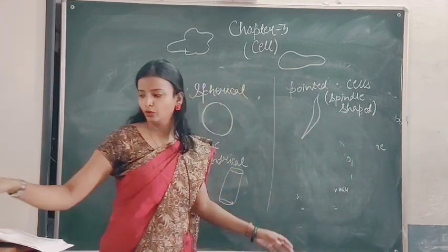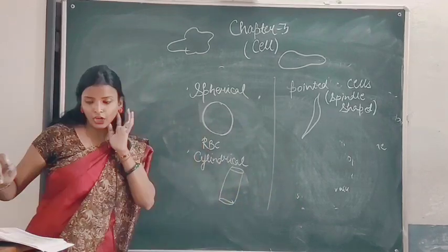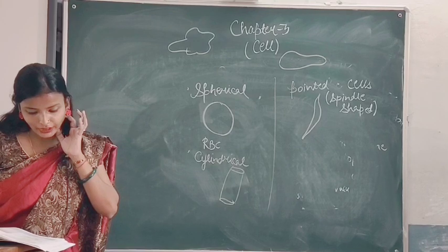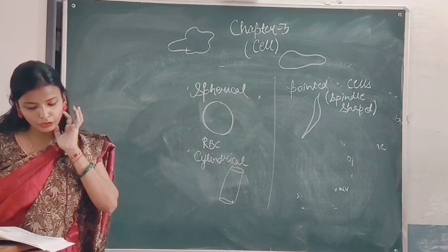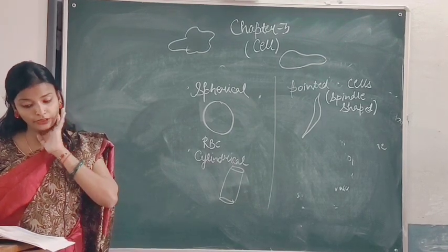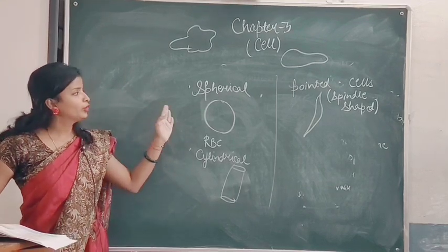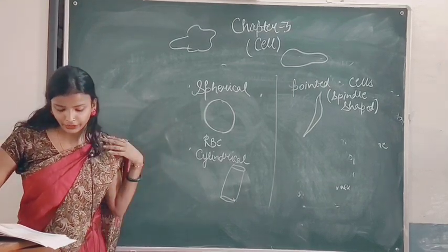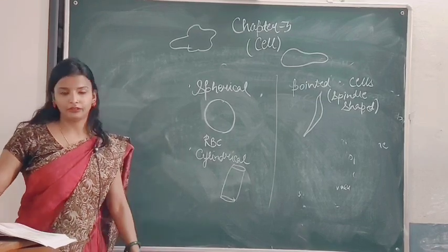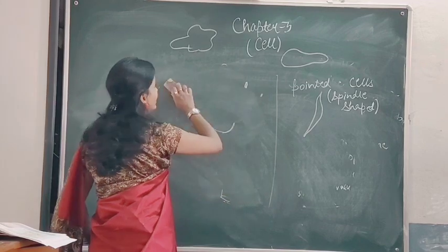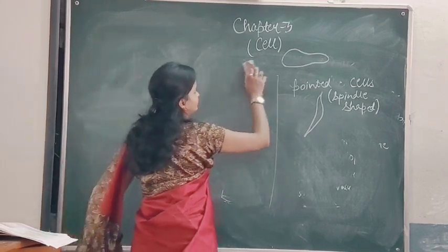Pointed or spindle shape, they are somewhat like this. In your book it is also given, like the white blood cell shape, they may be spherical, oval, rectangular, spindle or cylindrical depending on the functions they perform. If you want, you can see the diagrams given on page number 36. Now we will be discussing the cell organelles that are present in our body.